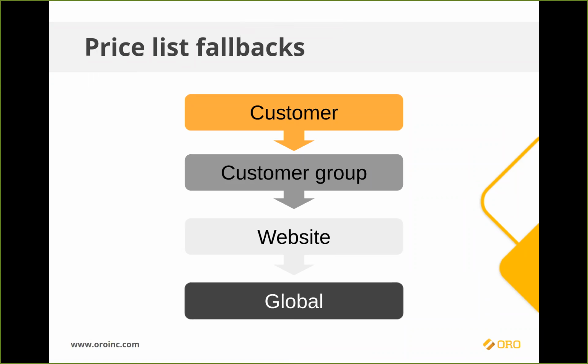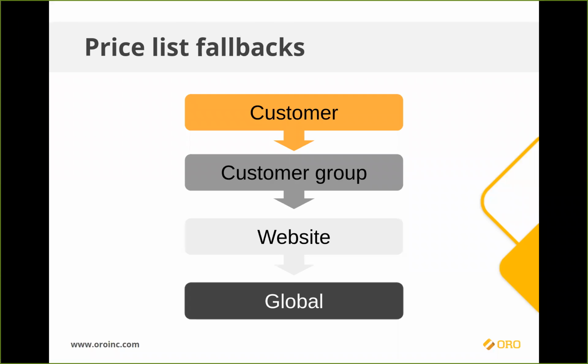So pay attention that for now, we did not discuss any relation between a customer or a buyer and a price list. And we haven't checked the storefront. We haven't seen how our price lists are used at the storefront for now. And this is why we have a price list fallback, and this is what we're going to check now.